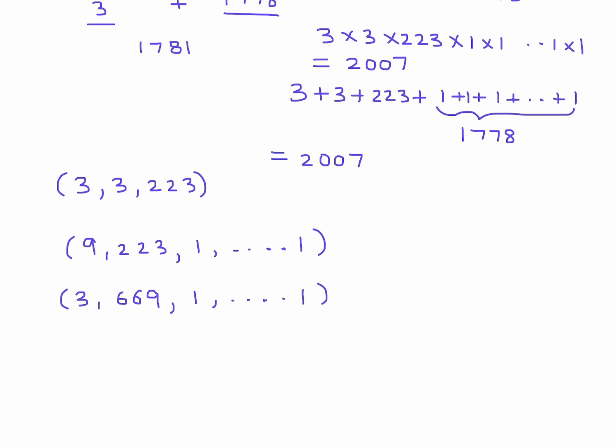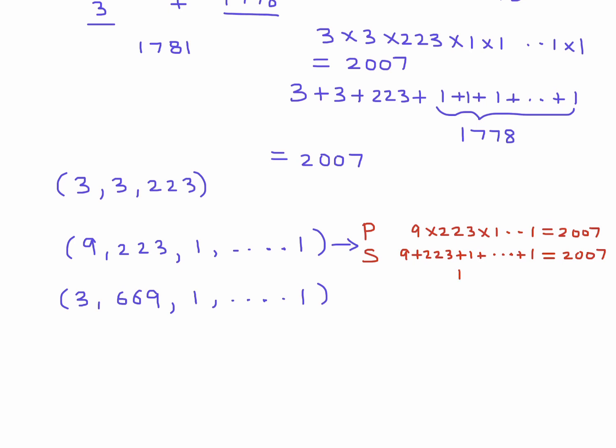So for the first one, the product, of course, is just going to be 9 times 223 times all of those ones, and those ones don't really change the product. This is just going to be 2007. Now the sum, I've got to make that equal to 2007. So it's 9 plus 223 plus a whole bunch of ones. My question is, how many of those ones?